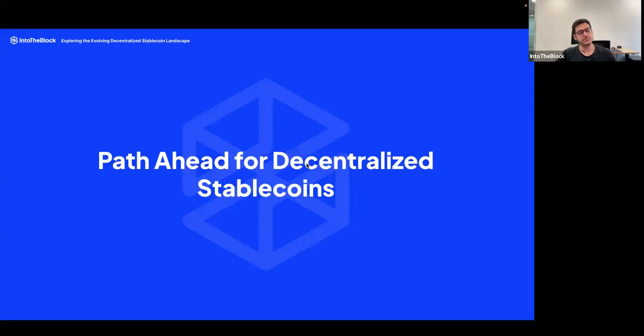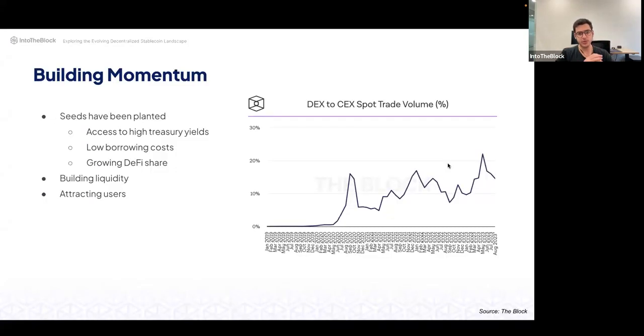So now I want to put everything in place: all of the improvements that have been going through the industry, the regulatory environment, and where that leaves us for the decentralized stablecoin landscape for the next few weeks and months. I believe that a lot of the improvements we discussed in the last section are the seeds being planted for future growth for decentralized stablecoins.